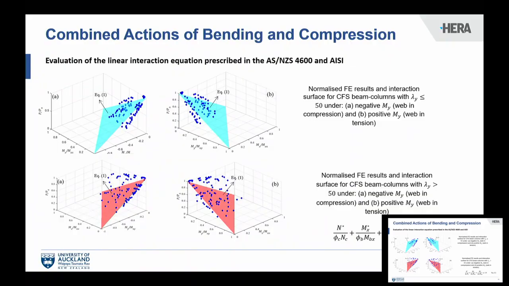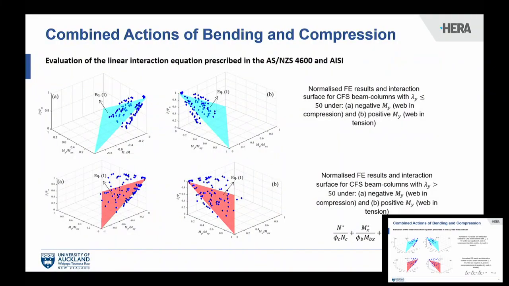You can see the data points that correspond to the strength of the CFS beam columns, obtained using experimentally validated models, against the interaction surface.